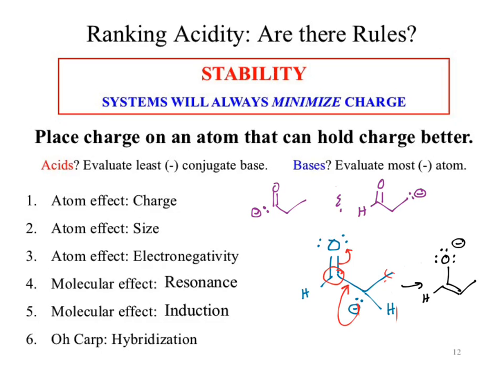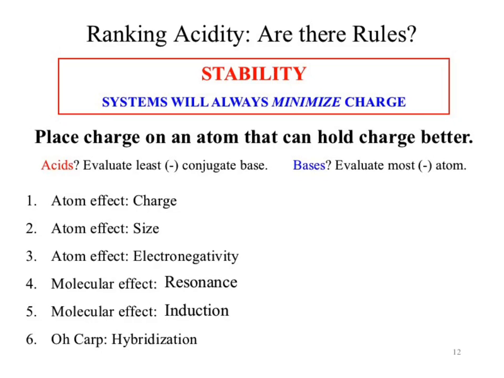Now I'm intentionally erasing everything. Which hydrogen is the most acidic? Red, blue, or purple? This is kind of a tricky question, and this is usually why it's not asked.